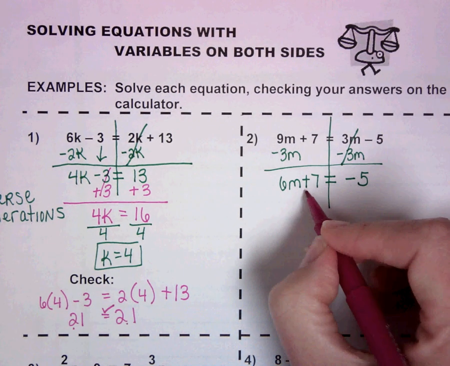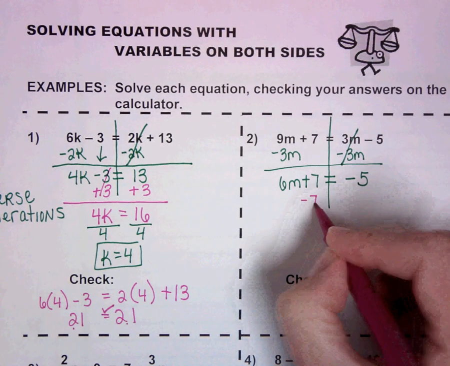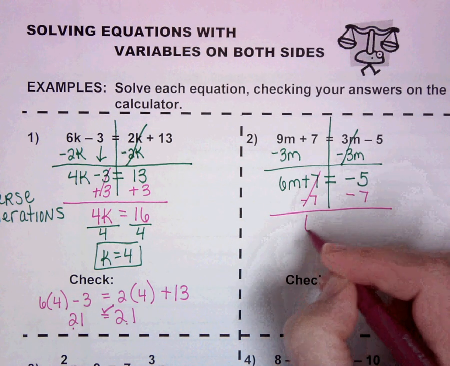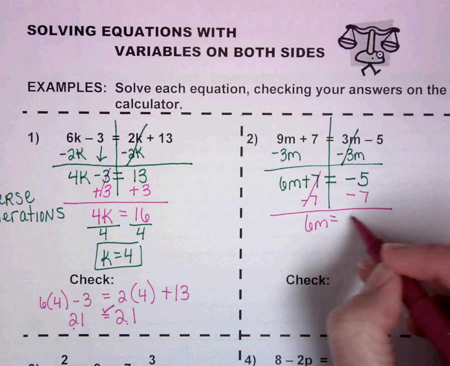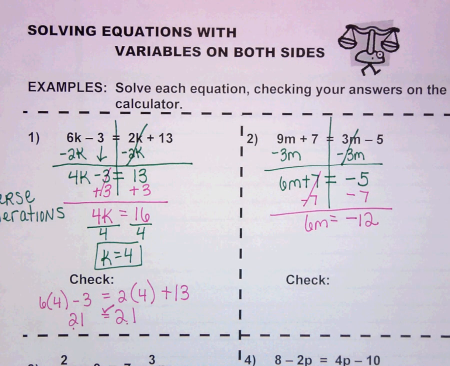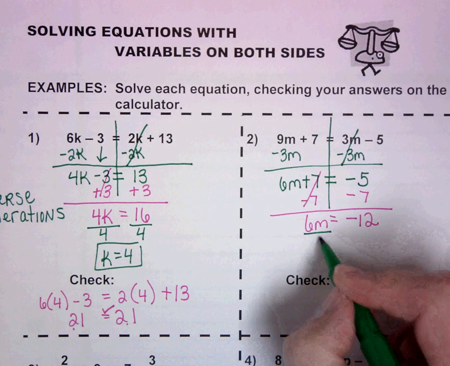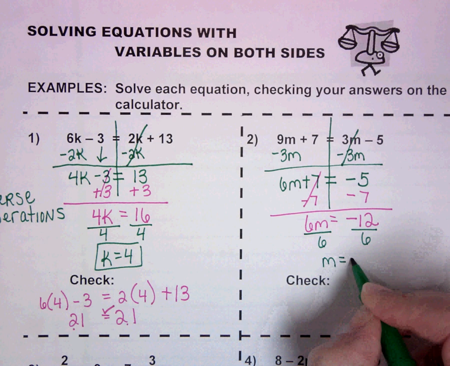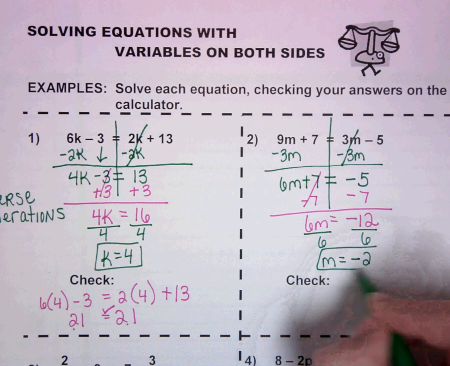Then this is a positive 7, so I'm going to subtract 7 because that's the opposite. 6m equals negative 12. Then I'm going to divide by 6, and I get m equals negative 2. Okay.